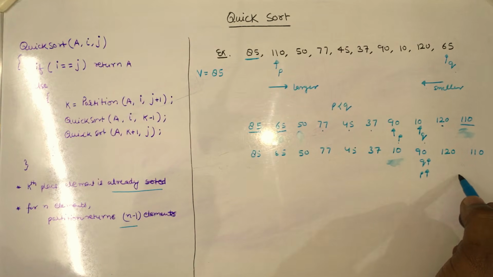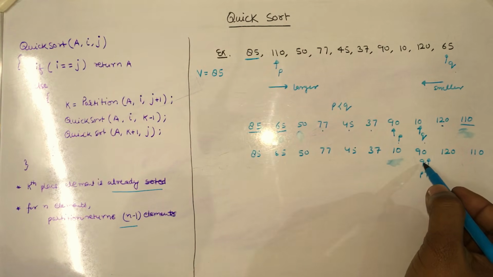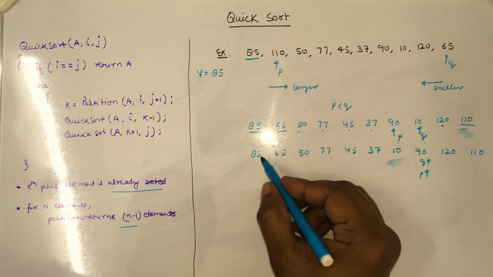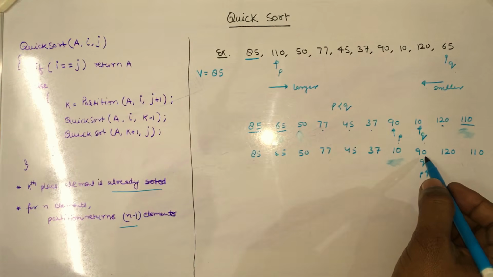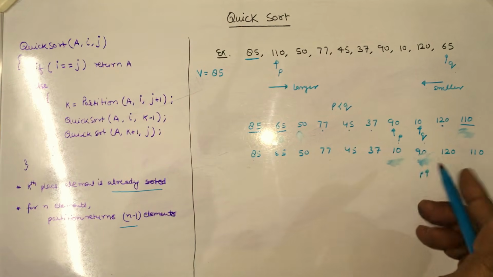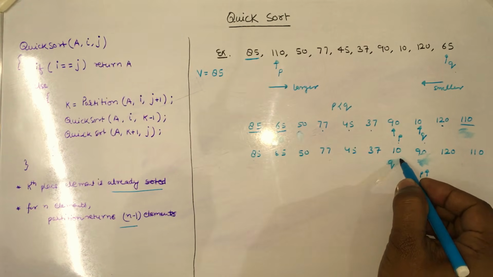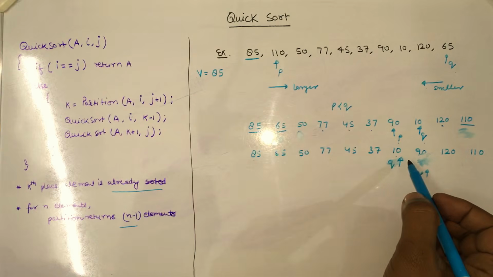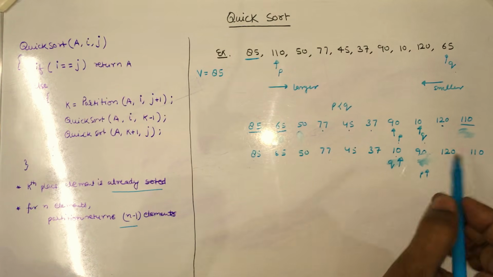I will not move further, and then I go to Q. I compare Q with 85 and find that it is greater, so I update the pointer Q. So Q is now pointing to this element. I again compare Q with 85 and find that this one is smaller. I will stop Q here.